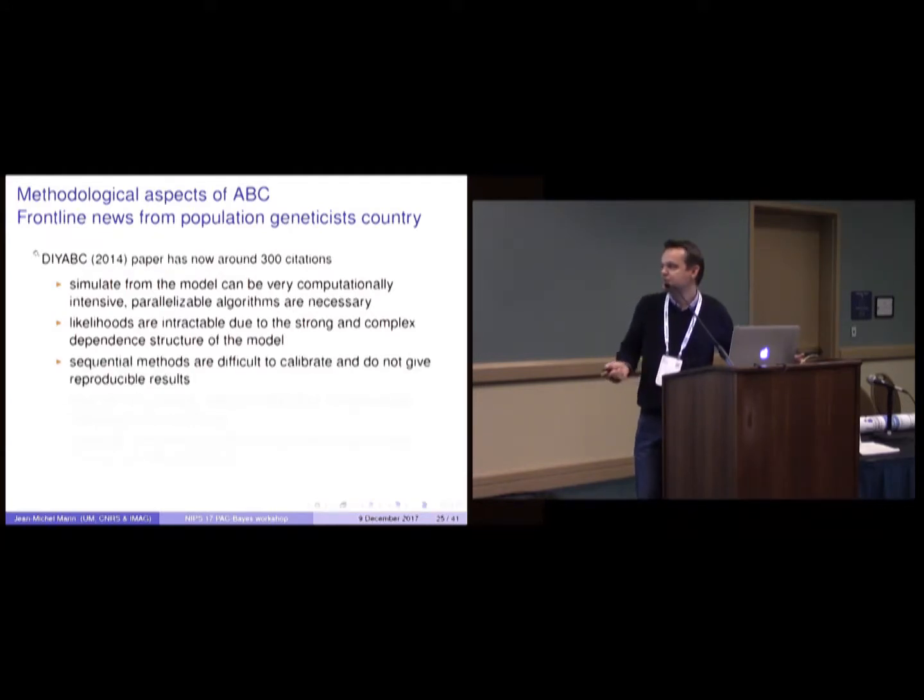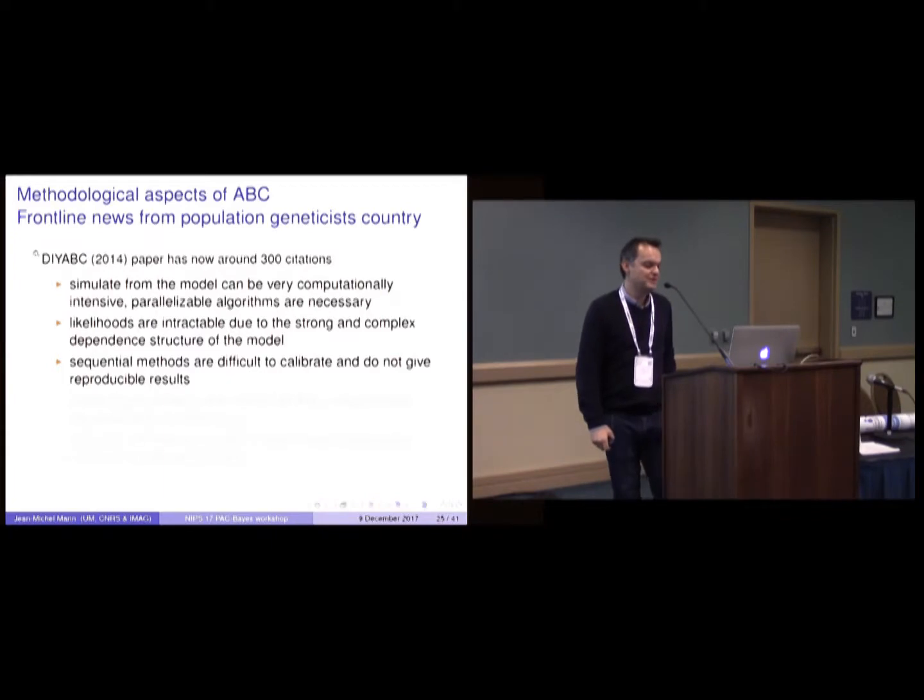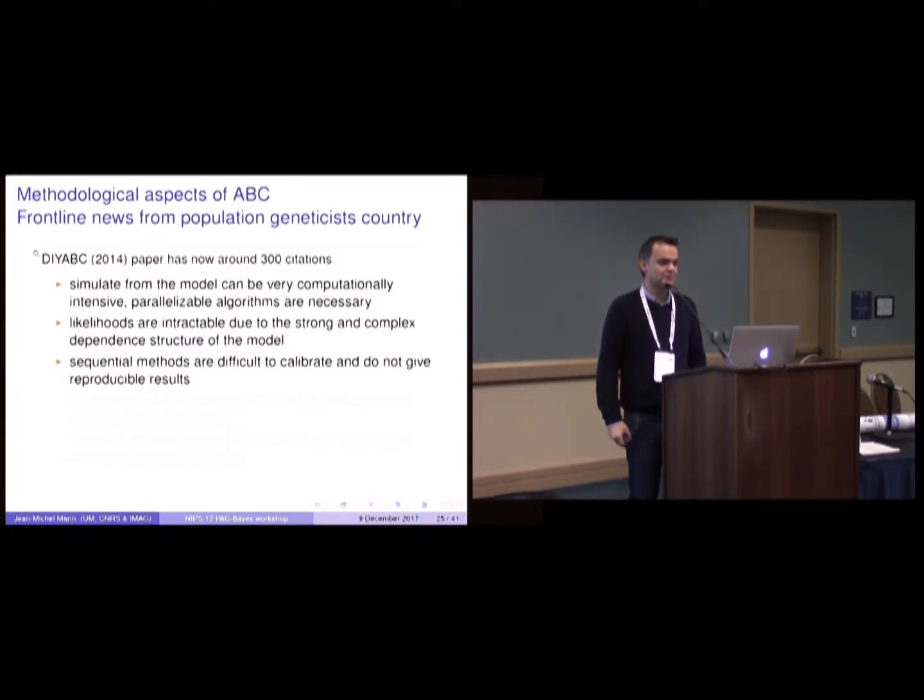Okay. Sequential methods are very difficult to calibrate and do not give reproducible results. We found that with my PhD student, Mohamed Sedki, and we worked hard, but we were not able to find a way to use this sequential method and to calibrate it so that the calibration is not too data dependent.